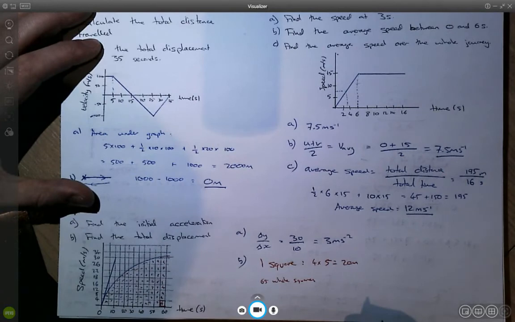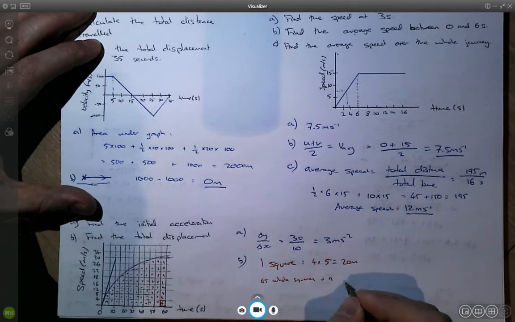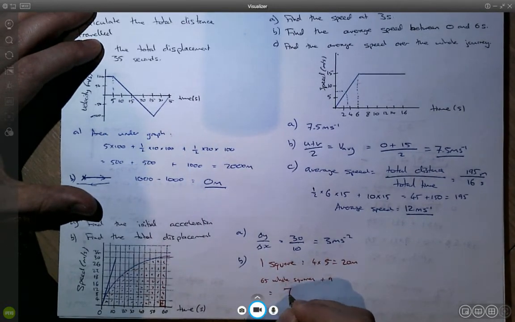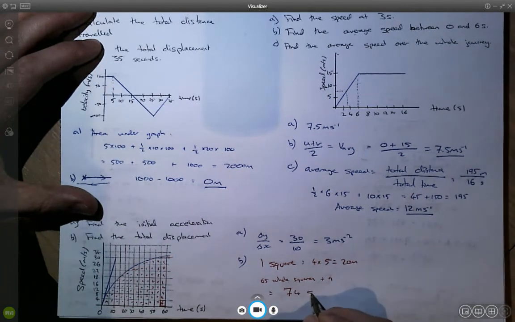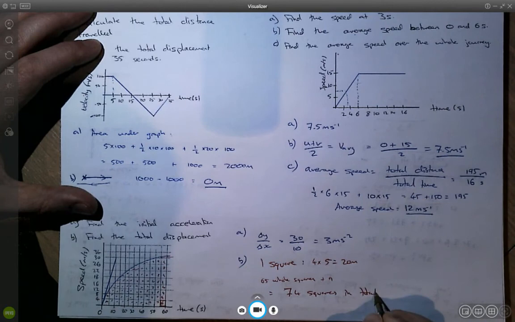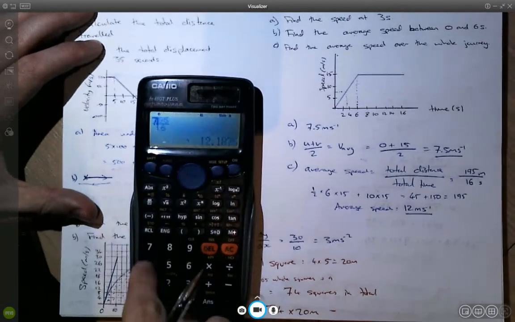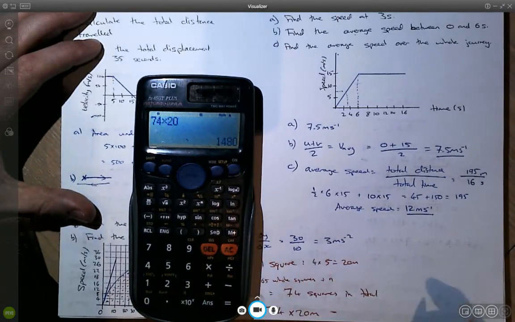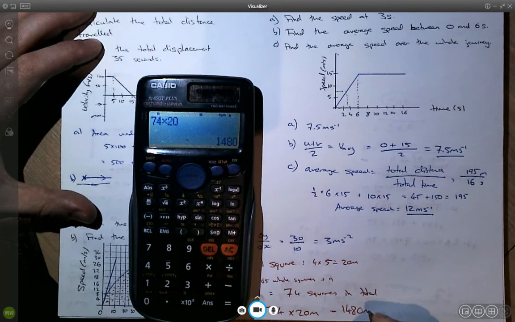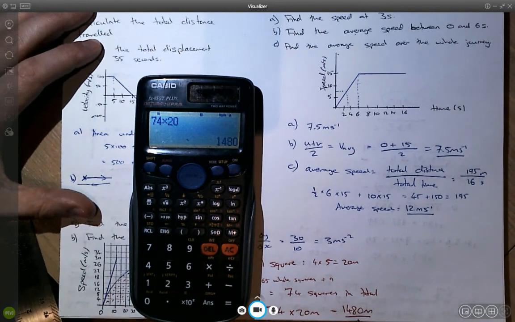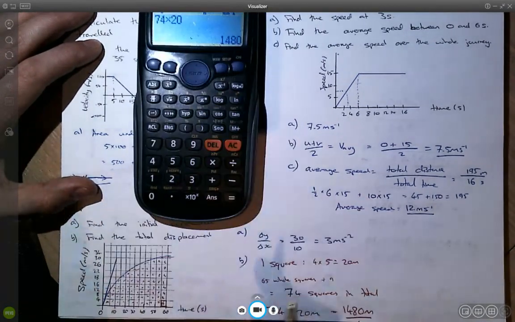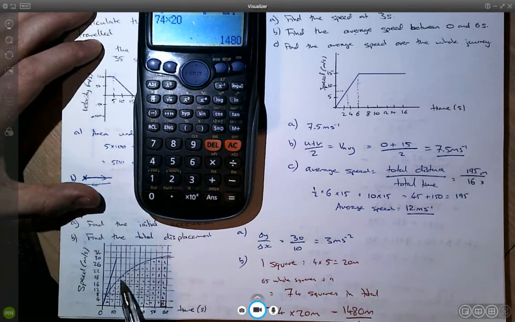We'll just round that up. So plus 9 more, which is 74 squares in total. So therefore we have 74 times 20 meters per square, which is 1,480 meters. And in an exam, there would always be some kind of leeway to account for the fact that it's not possible to get an exact answer.